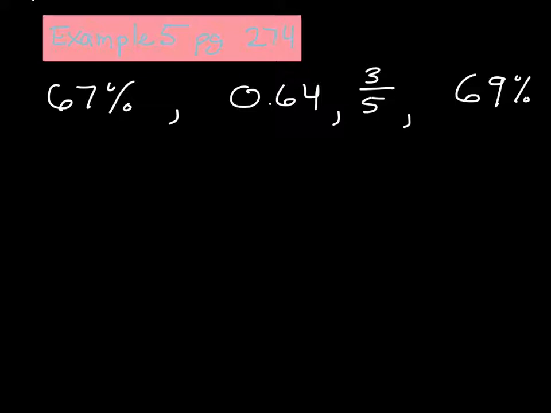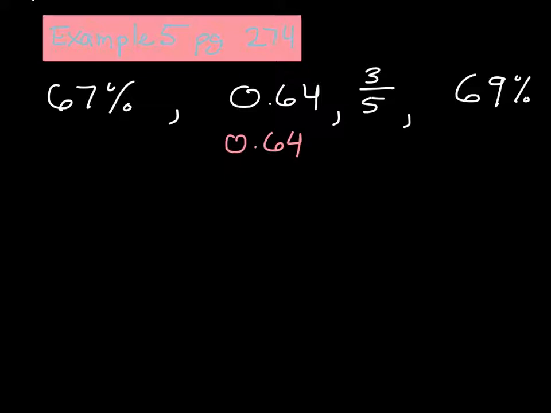So all of these numbers are written in different ways, so we're going to rewrite them all the same way. And I like decimals, so we're going to rewrite them all as decimals. So the first one we can do is easy. 0.64 already is written as a decimal, so that's our first one. The next two I'm going to pick are the percents.